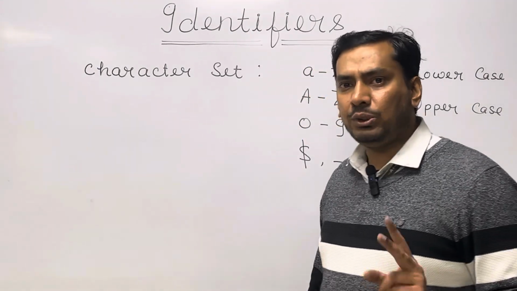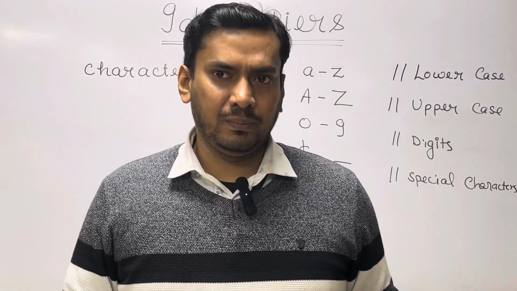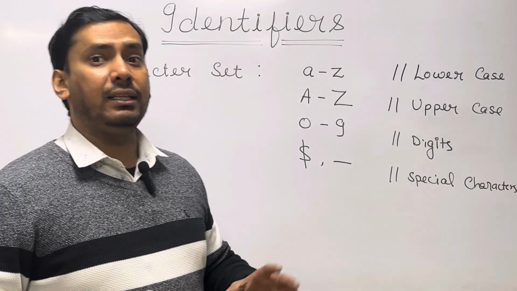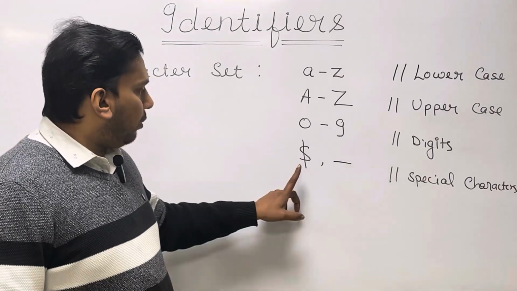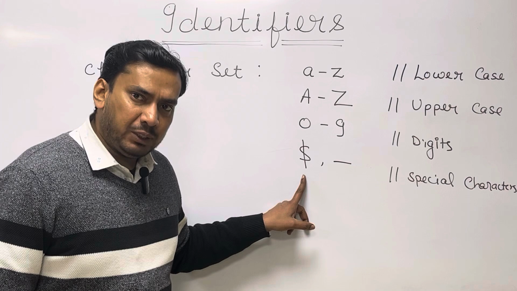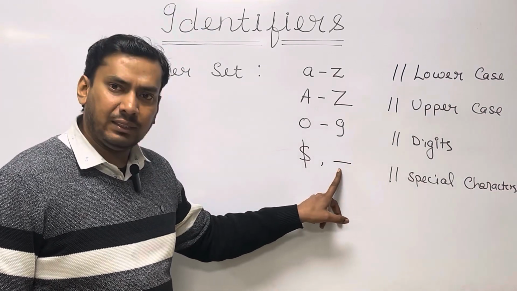Plus, there are two special characters which are allowed while creating the identifier. You cannot use any other special character. This is very important. Only two special characters are allowed: one is dollar and the second one is underscore.